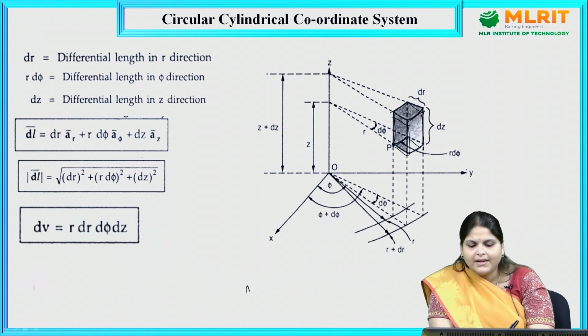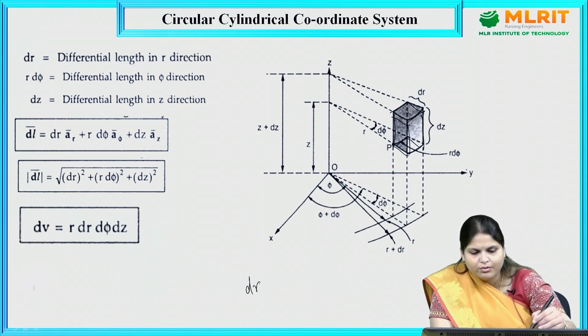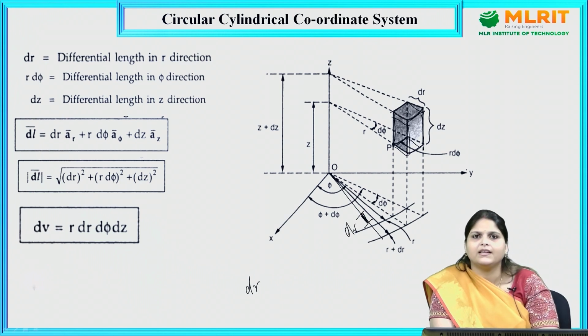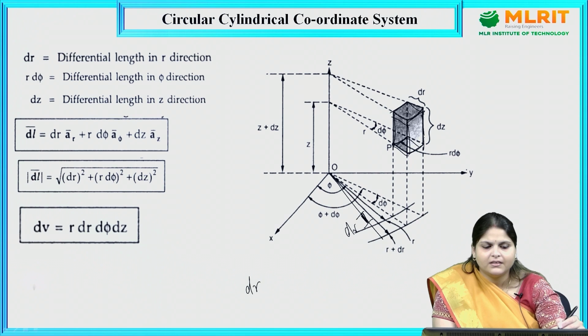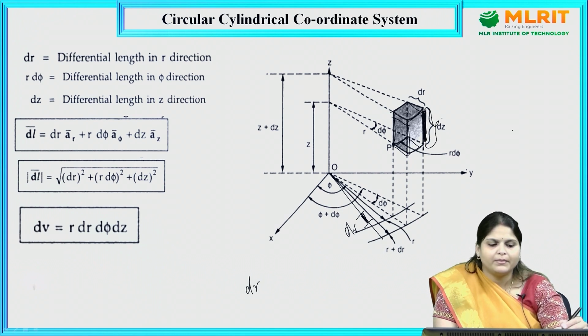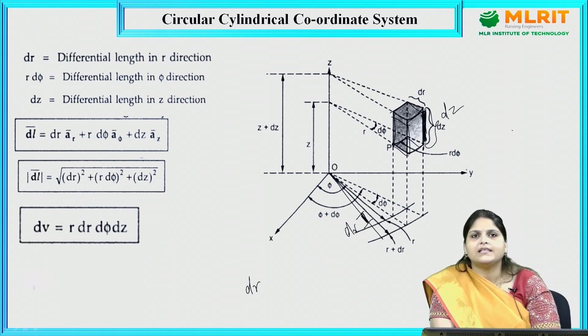In R direction we need dr. Somewhere here on this R, this can be taken as dr. This is the differential length in R direction. If you talk about dz, somewhere in the Z direction, the small element can be taken as dz.